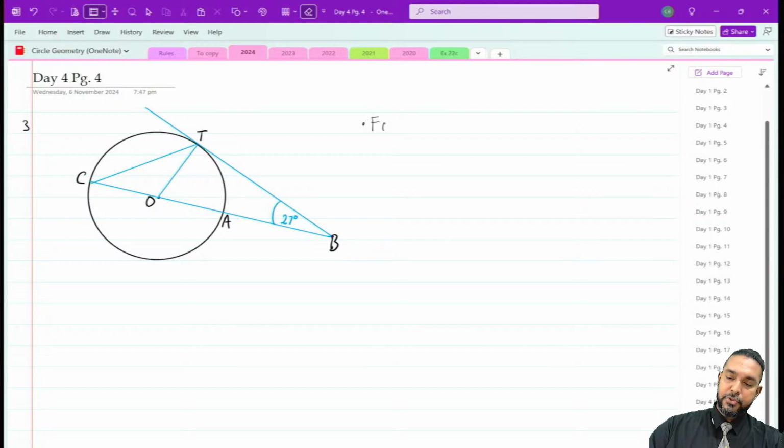Right, we have just two angles to find in this question, so find one.